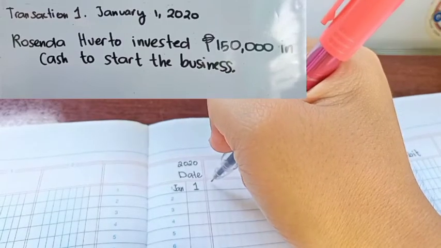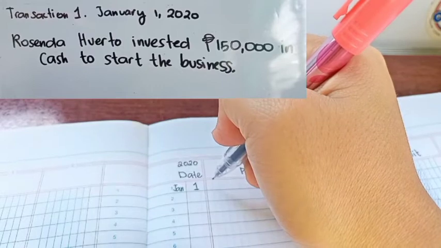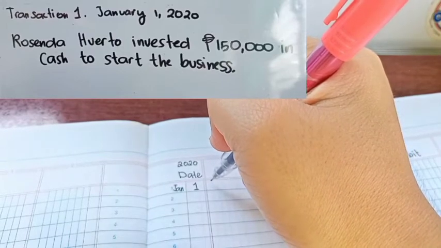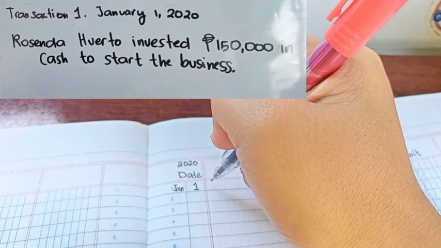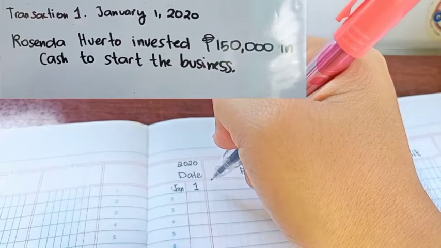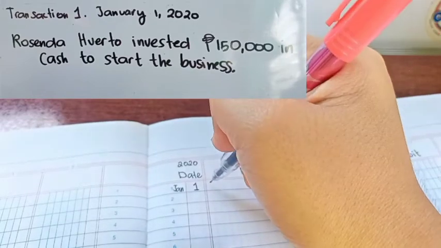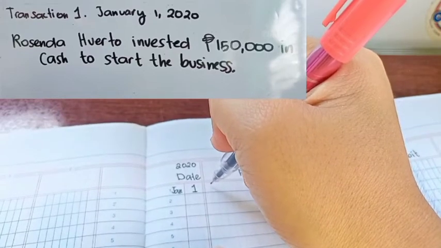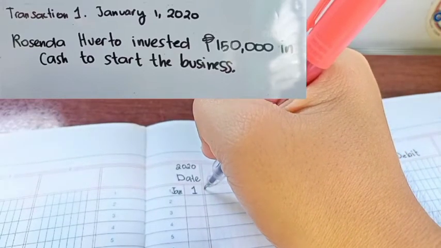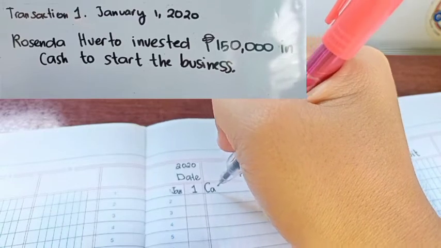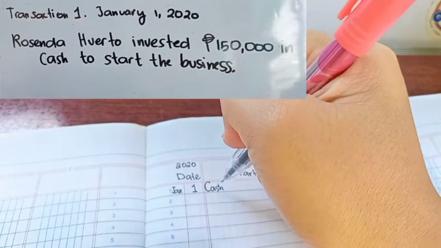When we say invested in cash, debit cash, because it increases and cash is an asset. When an asset increases, you enter it on the debit side. So you put cash there.